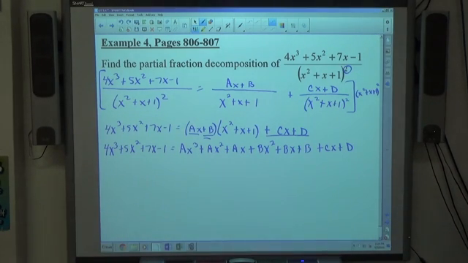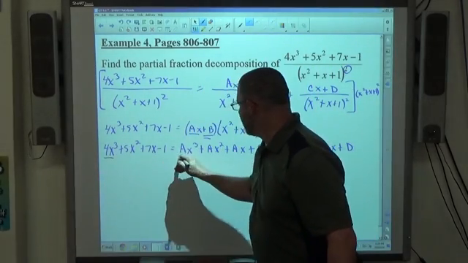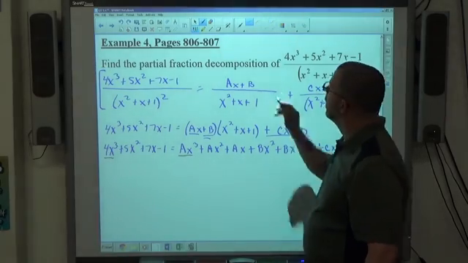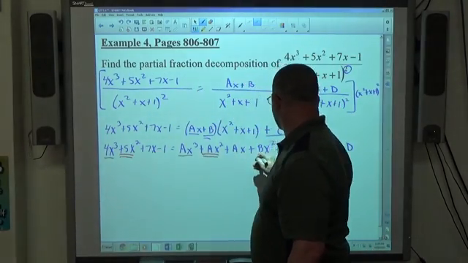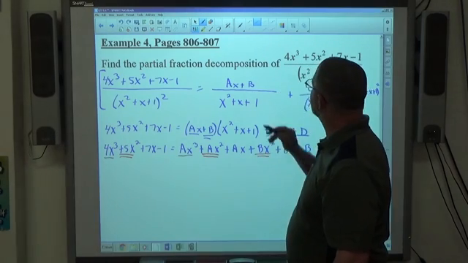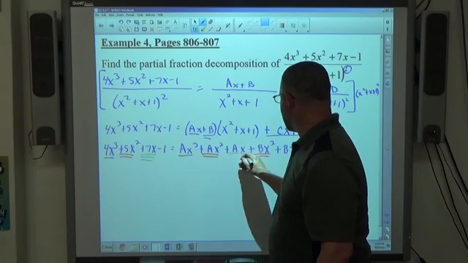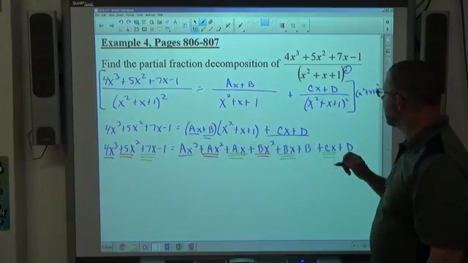And again, if I start comparing things, this is 4x cubed, this is ax cubed, there's no other x cubes, right? This is 5x squared, this is ax squared, this is bx squared. There's no other x squareds. This is 7x, this is ax, this is bx, this is cx.